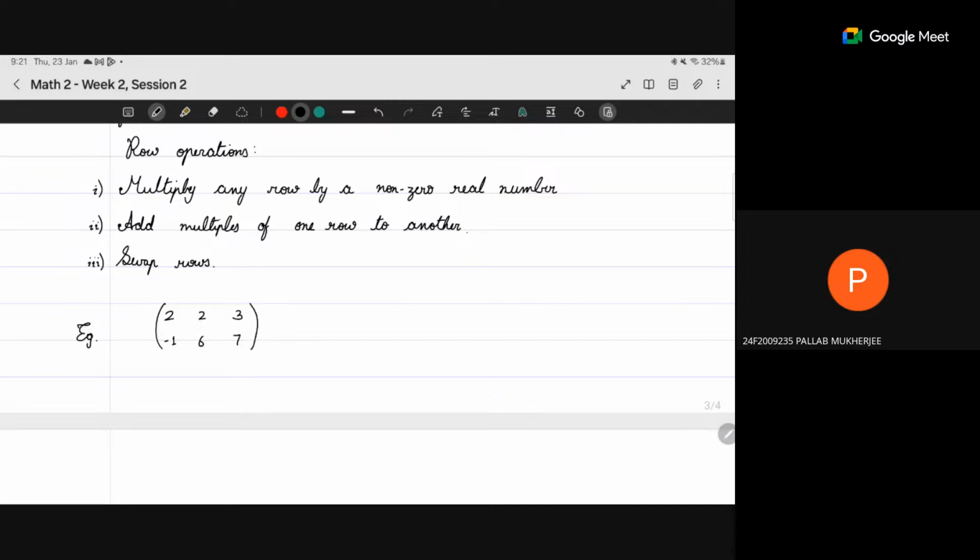So is this in REF or RREF? It is not in both. What is the obstruction that you see for this being in REF? The first entry in the first row is not equal to 1.